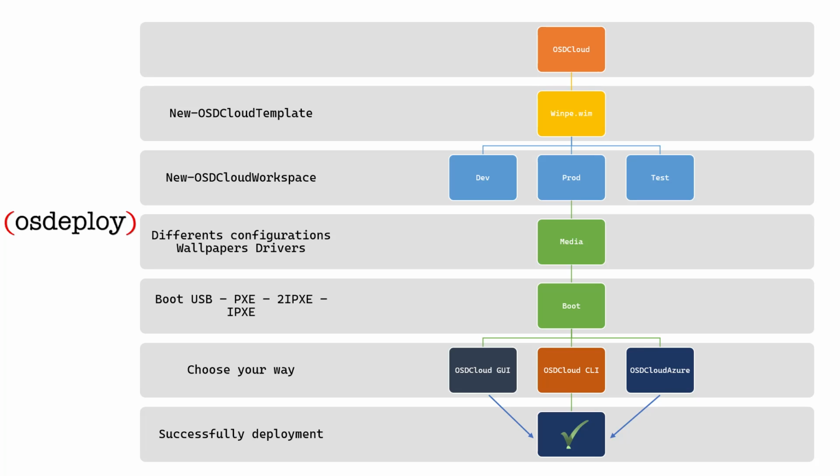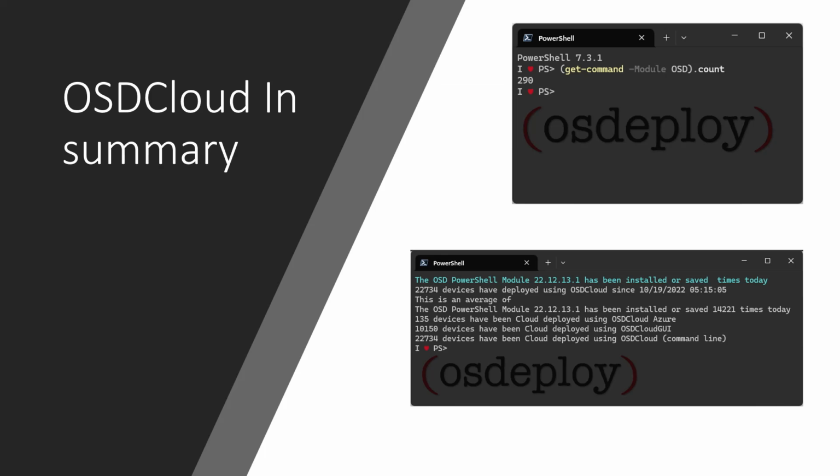Now, if you want to look at OSDCloud in some numbers, what are the characteristics of OSDCloud? OSDCloud is only less than 300 modules. It's very little, but with only this command, you can deploy and do everything with your OS deployment.